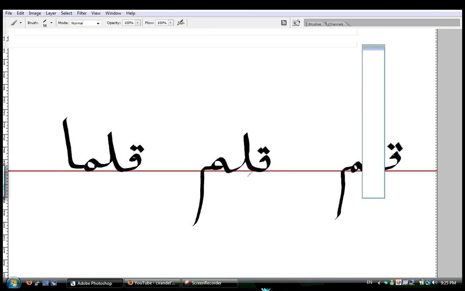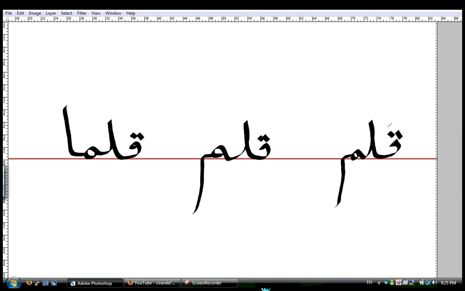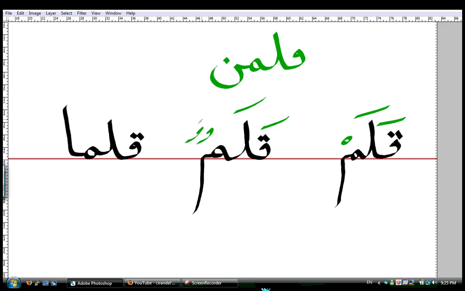Now, a normal way we would pronounce this is qalam, qalam. Now with tanween, let's say we want to put this kind of tanween. This word is pronounced qalamun. So it's qa la, and it's pronounced as if there is a noon at the end.